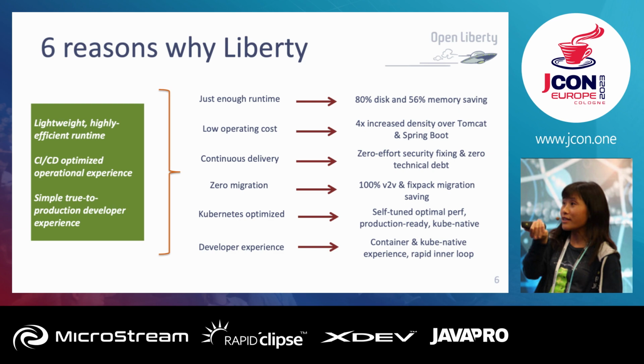And also, it is Kubernetes optimized. We partner with OpenJ9, and are trying to make best use of the Kubernetes features and see how the JVM works better with the Java runtime as well.